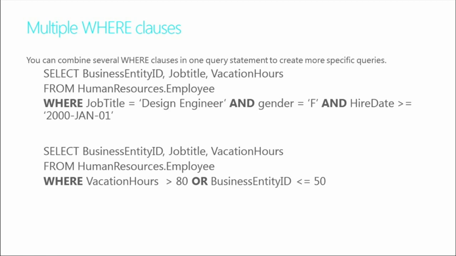So now I'm really narrowing down what's returned to me in my result set. I'm specifying 3 bits of criteria that each record returned has to meet. They have to be a design engineer, they have to be gender female, and they have to have been hired later than January 1st of 2000. So I'm getting very specific.